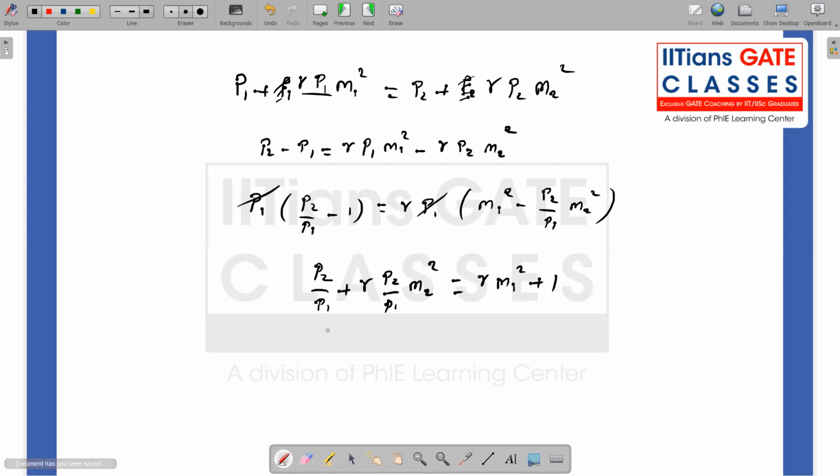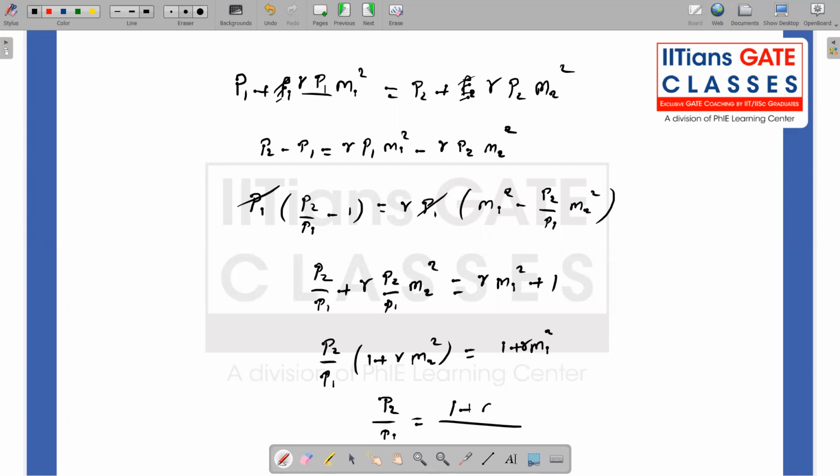So now if I take P2 by P1 common, what I get is P2 by P1 times 1 plus gamma M2 square is equal to 1 plus gamma M1 square. So I got P2 by P1 as a function of Mach number. That is nothing but 1 plus gamma M1 square divided by 1 plus gamma M2 square. So this is my P2 by P1 relation.